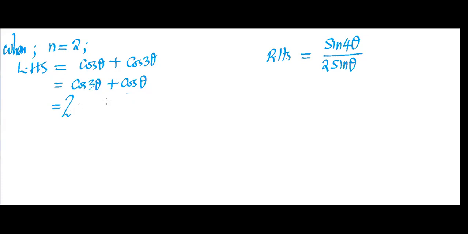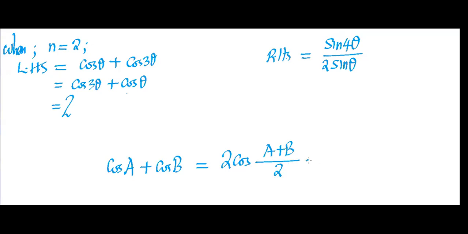When adding cos's, let me make a statement here to refer to. When adding cos's, under factor formula, we get 2 cos A plus B out of 2 multiplied by cos of A minus B out of 2.